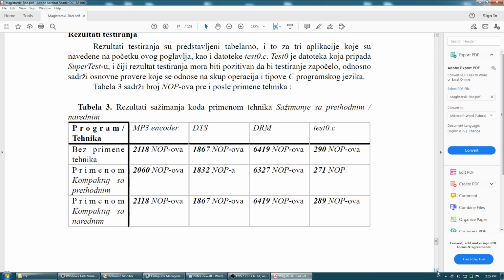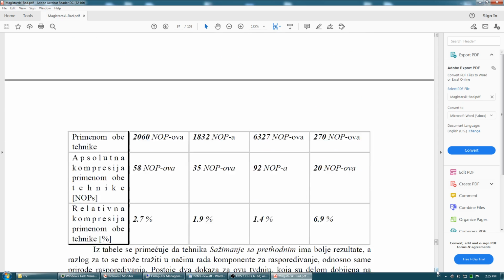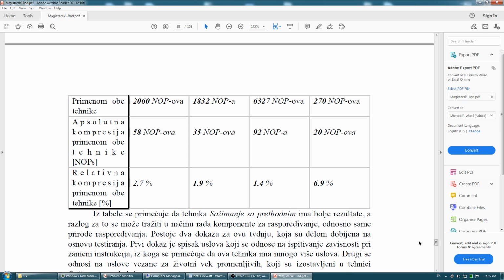So these are the results. How many nops are removed? Nop is a no operation instruction, which is used to fill latency.